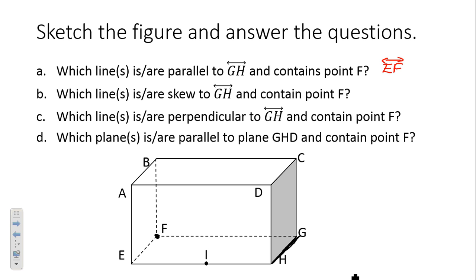So can someone find a line that is skew to GH that goes through F? Right, it can't help but make a rectangle. So we can't use AB because AB could form a plane, a rectangle. So we can't use that one.